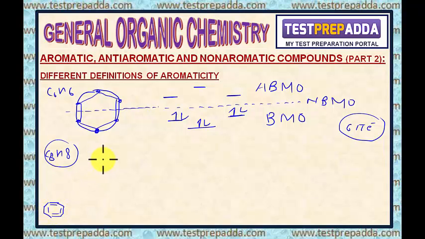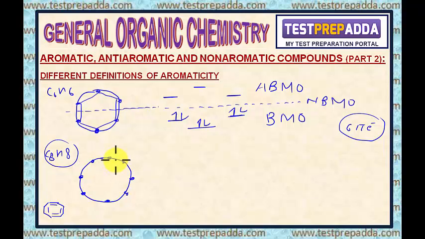Now I will take a circle, and one corner of this polygon I will place here, then another point, another point, another point, another point, another point, another point.